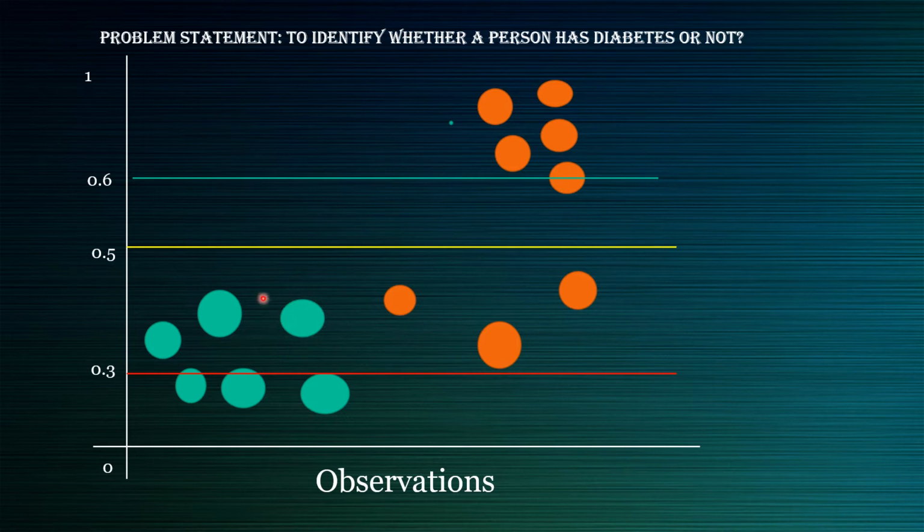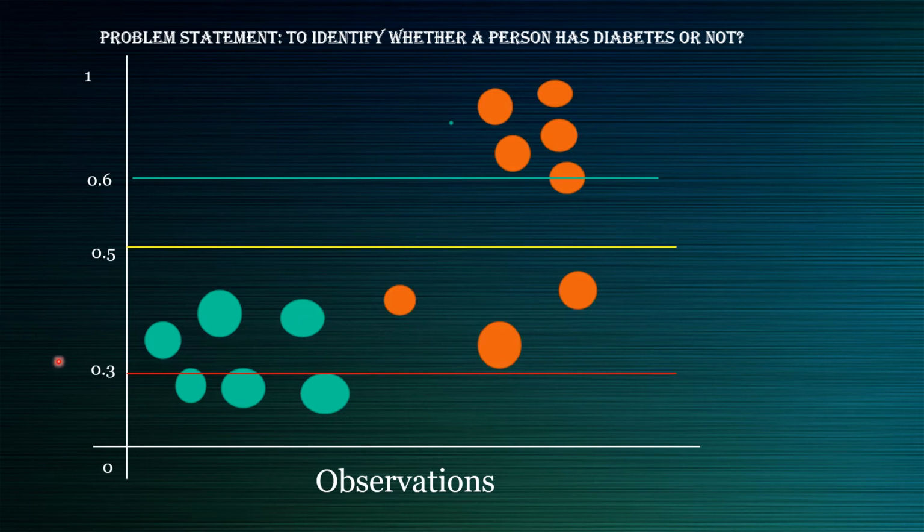That is, people who do not have diabetes are predicted to have diabetes. So your false positive rises and your true positive rises when you reduce your threshold to 0.3. Now, what happens when we increase the threshold to 0.6? Here, your true positive decreases. Greater number of false negatives and your true negatives are high as it is.